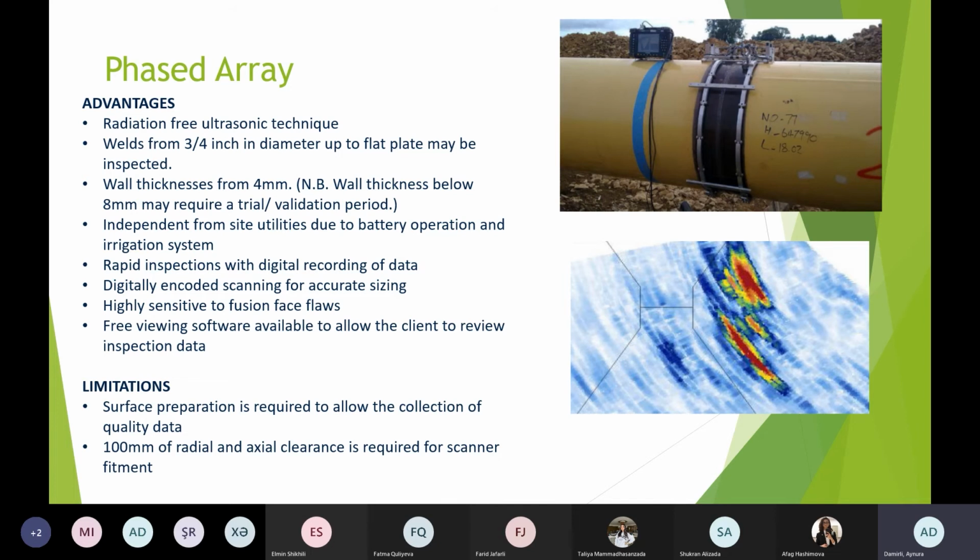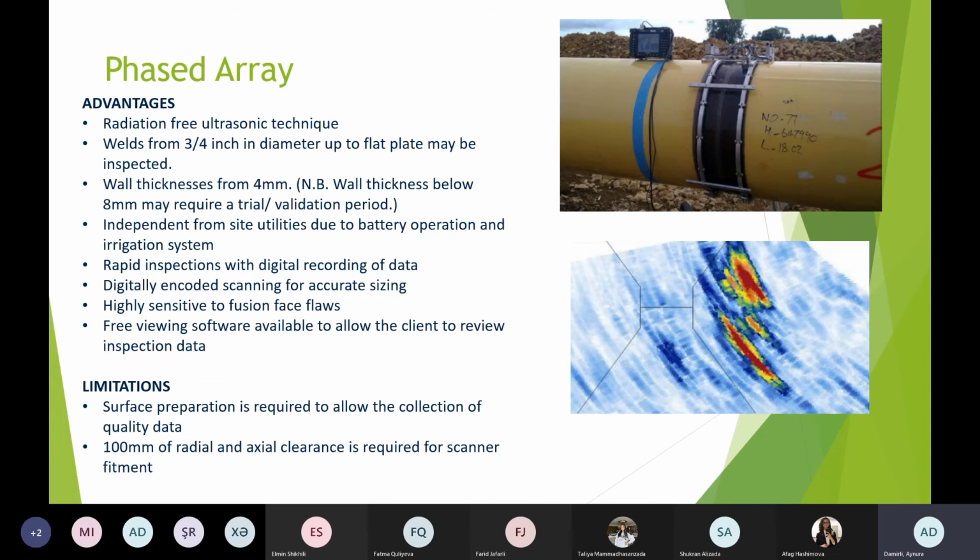The monitor is showing, for example, that nominal wall thickness is 9 millimeters, but here only 3 millimeters remain, and this is part of measuring.